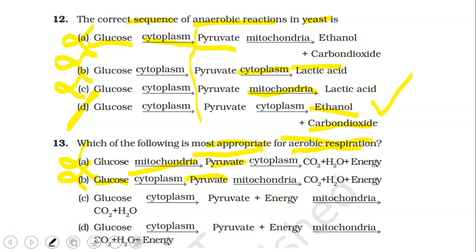Option C, glucose breaks down in the cytoplasm to pyruvate plus energy, and in the mitochondria it breaks down to CO2 plus H2O, but it also produces energy. So that means option D correctly explains the equation for aerobic respiration. The correct option is D for question number 13.